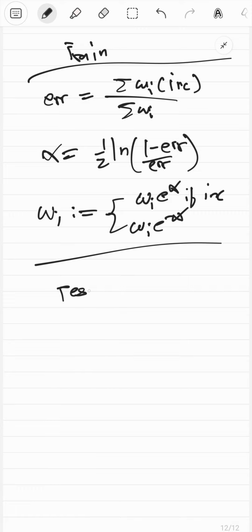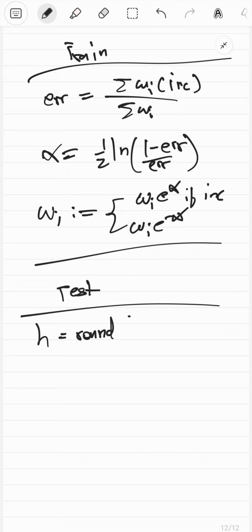And during the testing, what we do is say that H is the round of the summation of Hm times alpha sub m.